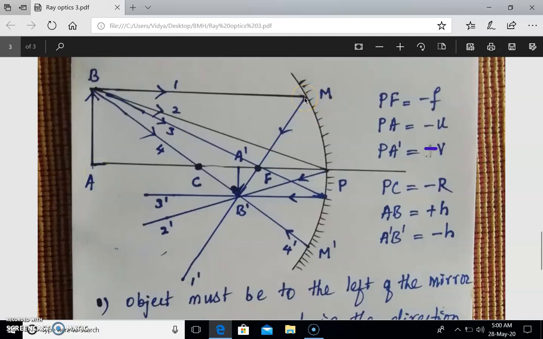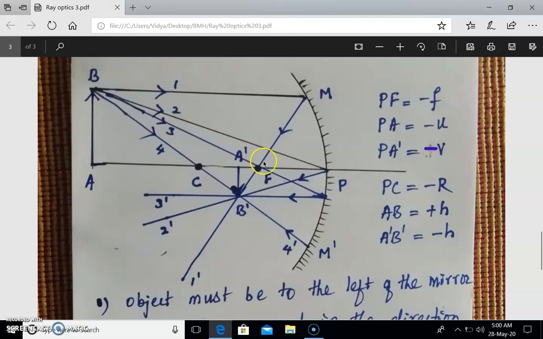To get the position and the nature of the image, we have to consider a set of rays starting from the object. Namely, here a ray parallel to the principal axis, after reflection passes through focus. A ray incident at P follows the laws of reflection. After reflection, the light travels in a particular direction such that angle of reflection must be equal to angle of incidence.